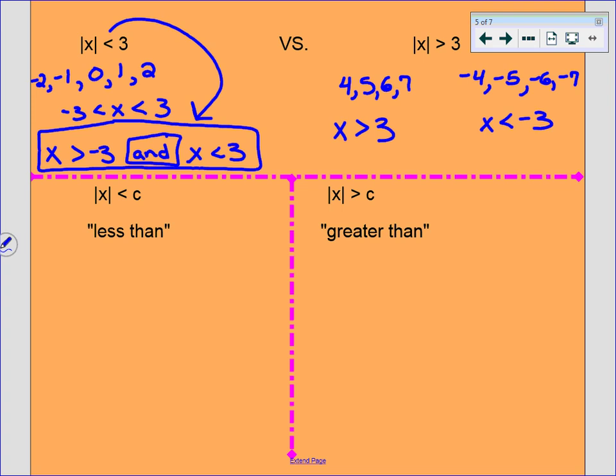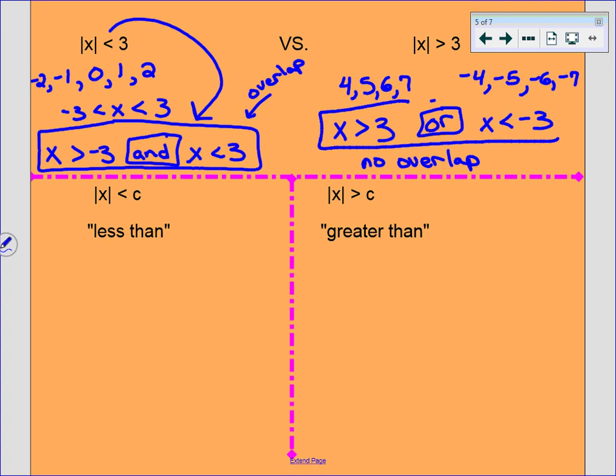This isn't an and situation, because here there's no overlap in any of our intervals, whereas in the previous case there was overlap between those two, the part that they had in common. So this is an or situation. Our final answer for this side would be x is greater than 3 or x is less than negative 3.